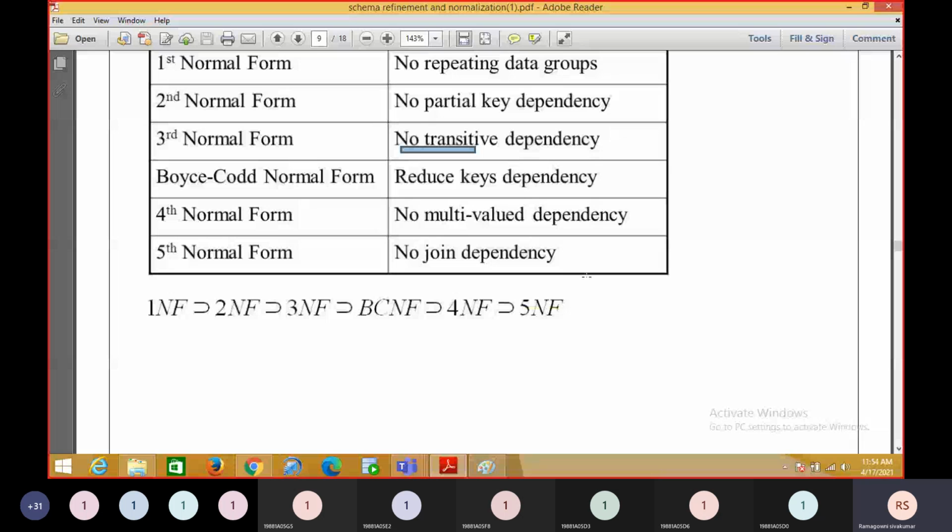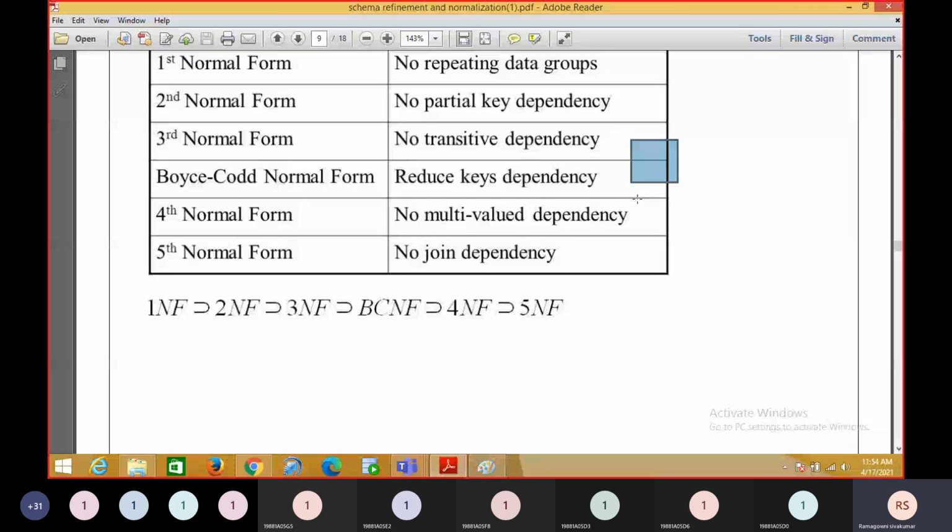Here if you are doing decomposition of the table, till this rule is enough. And we should know about these two also, fourth and fifth normal form.